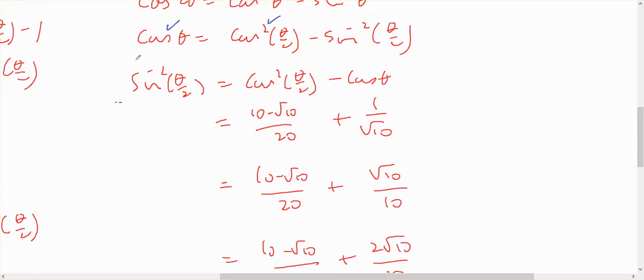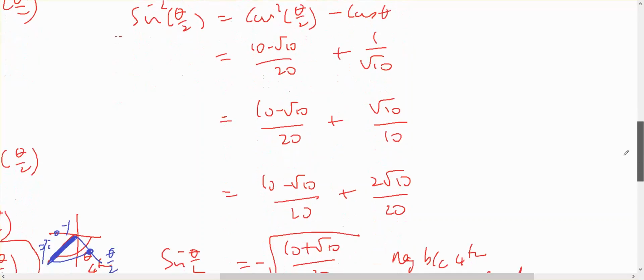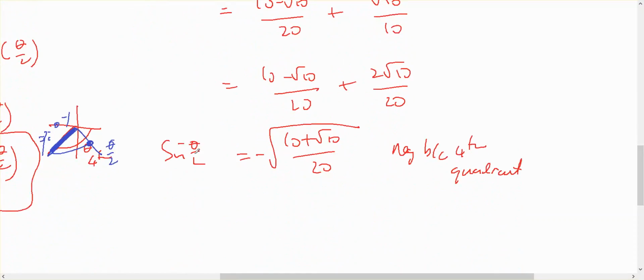If I move this all over to the left, move this one over to the right, then I've got this, which is squared, so I don't have the square root. This is the same as root 10 on 10. Common denominator of 20, that's 2 root 10. So that will give me the sine of theta on 2 is the square root of 10 plus root 10 on 20. Remembering, because I'm in the fourth quadrant, this is going to be a negative square root.